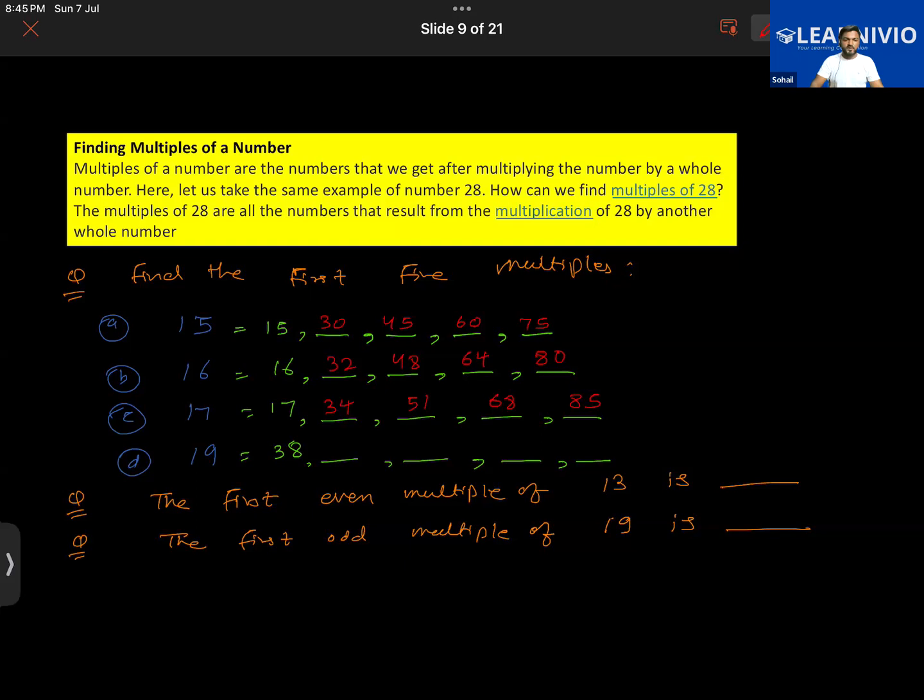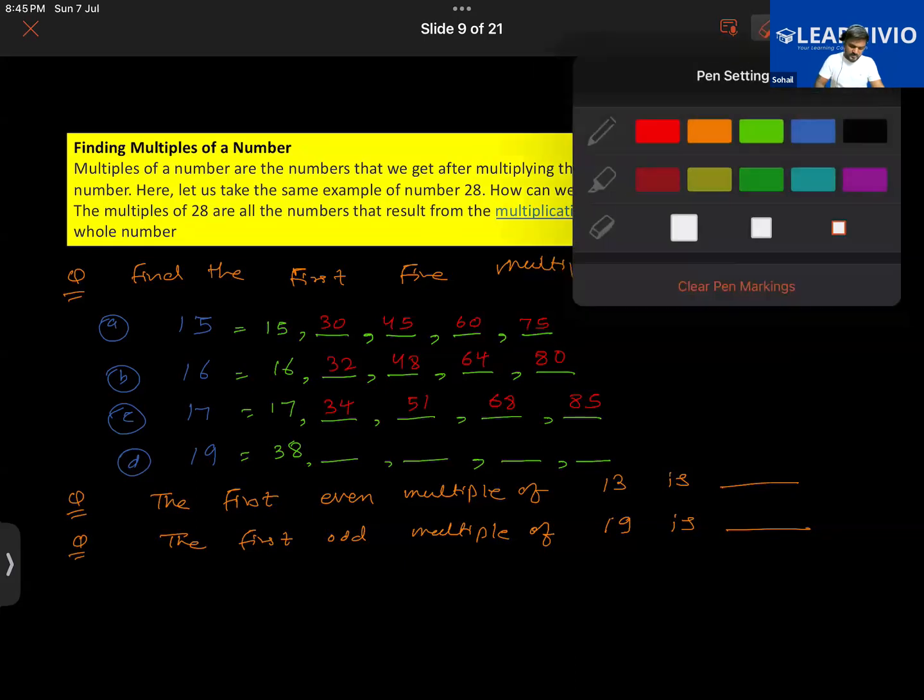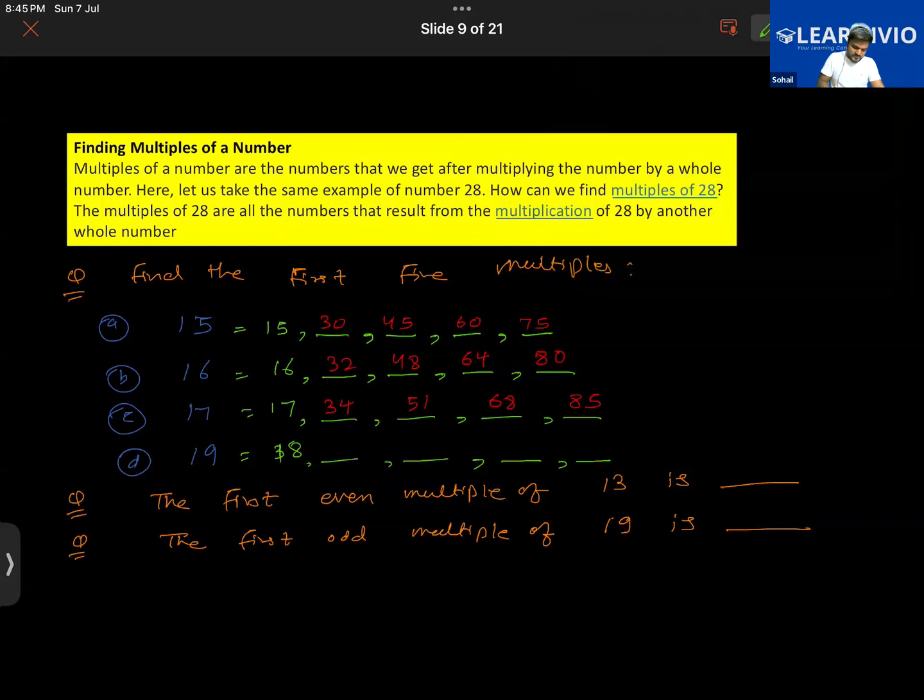Done. What are the multiples? 38, 57, 76, 95. Okay, one moment. We have to start from 19 over here. 19 ones are 19, 19 twos are 38, 19 threes are 57, 19 fours are 76, and 19 fives are 95.